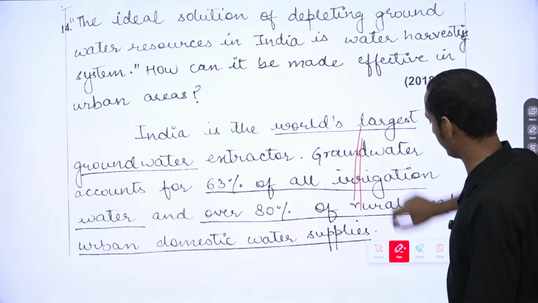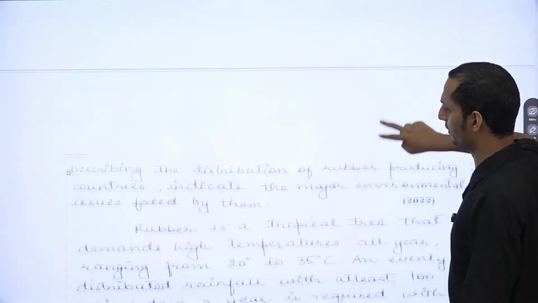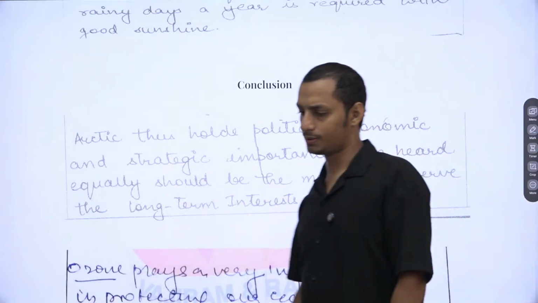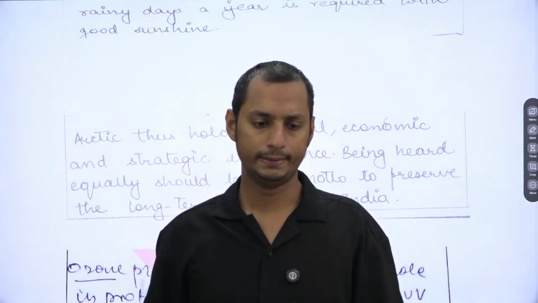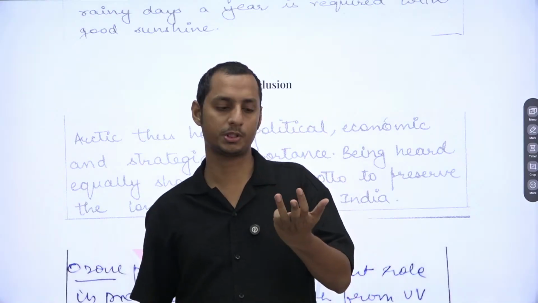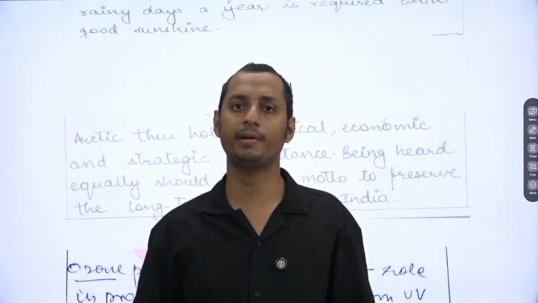Now, how do you conclude the same? Conclusions are the most difficult part in case of geography questions, because it's almost impossible to provide Government of India related schemes. I'm talking specifically with relation to climatology, geomorphology, oceanography, and all these factors. In case of human geography, we can provide.